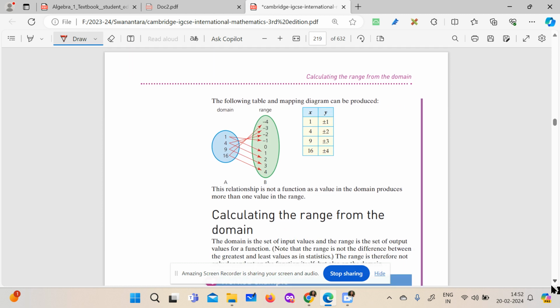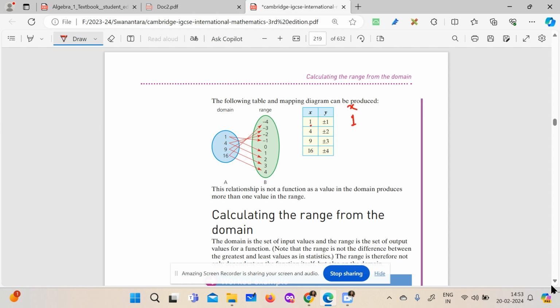Now this is different. Now here you have 1, 4, 9, 16, and in the range we have so many values. So I will write it like this. See, here it is written, when x is 1, y is plus or minus 1.